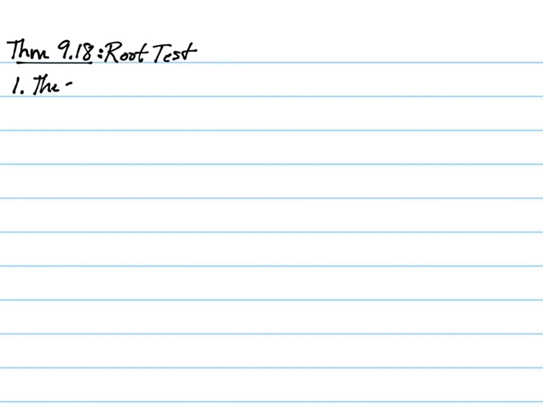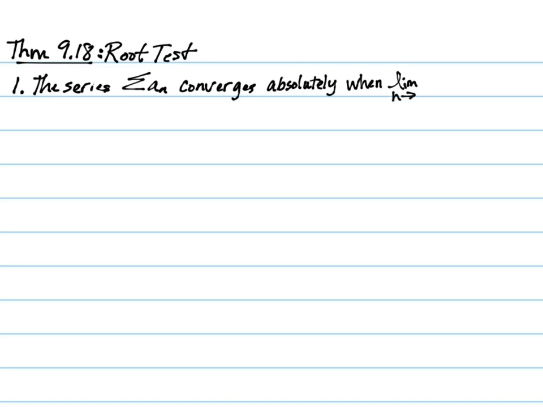The series, the summation of a sub n, converges absolutely when the limit as n goes to infinity of the nth root of the absolute value of a sub n happens to be less than 1.